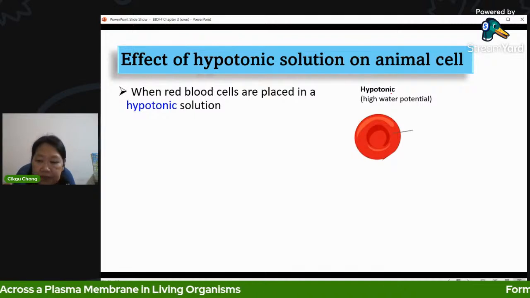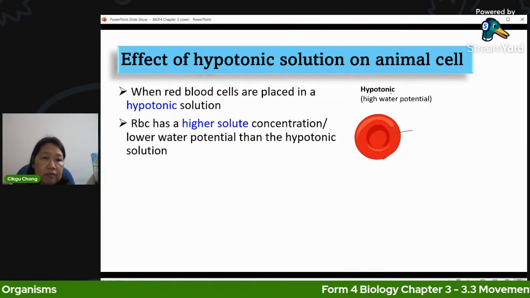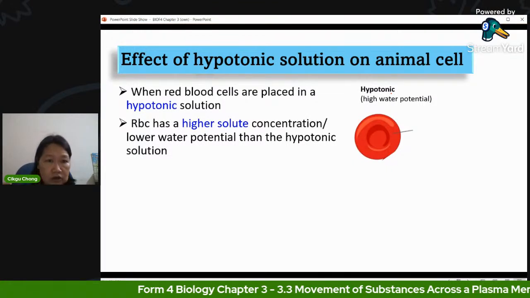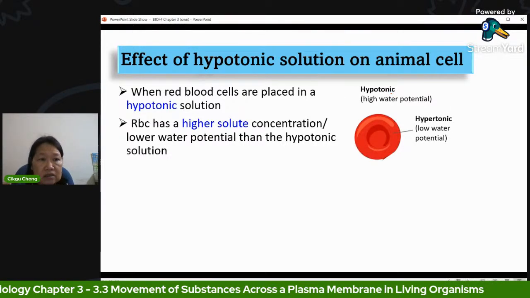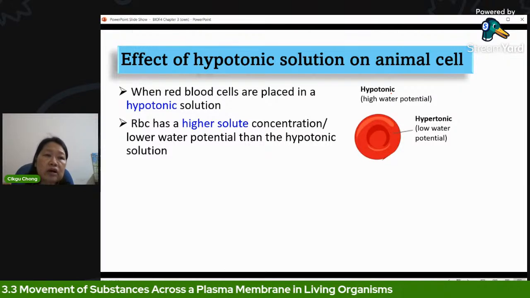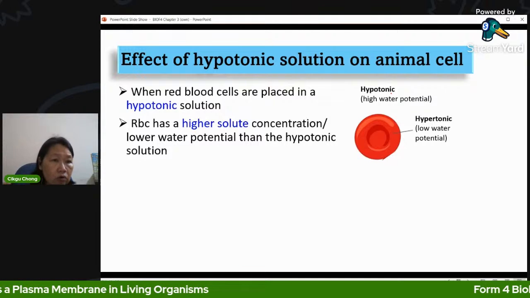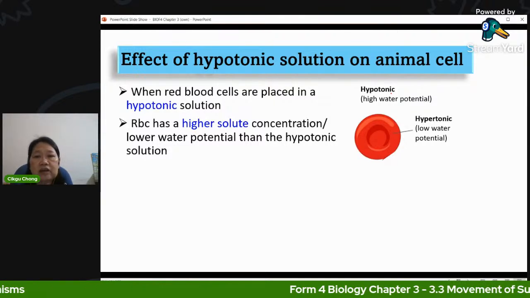High water potential. And then comparatively, inside the red blood cell, because there are minerals, there are substances, there are solutes and all that, it will be considered hypertonic by comparison. Okay, so the red blood cell will have a higher solute concentration, or we call it a lower water potential than the hypotonic solution. We say it's hypertonic because it's got more solute.